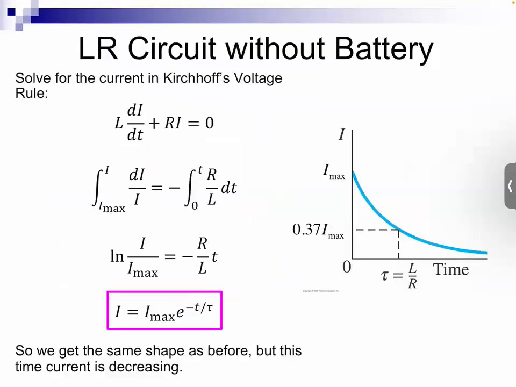If we do the maths once again, so that on one side we collect terms containing currents, you have the derivative of current over the current, and on the other the derivative of time. If we integrate both sides, we get this equation that describes the current in the circuit if you have a fully charged inductor that's disconnected from the voltage source.